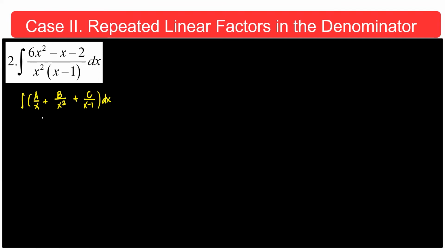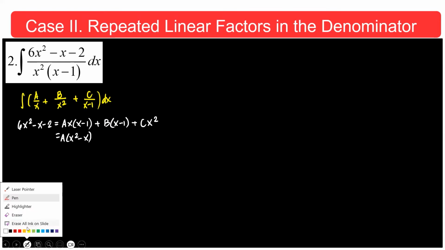So after multiplying everything by the LCD, it's going to be 6x squared minus x minus 2 is a x minus 1, b x minus 1, c x squared. Let's fix the a. Okay, now that it's fixed, let's equate coefficients.